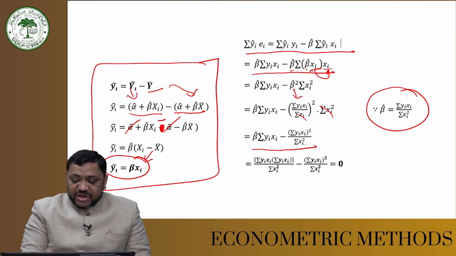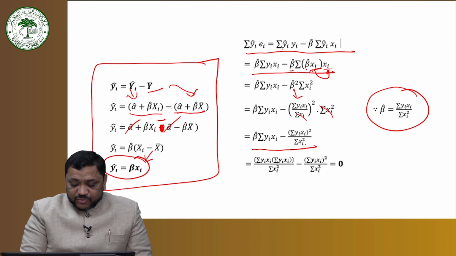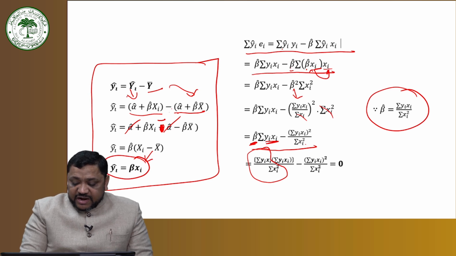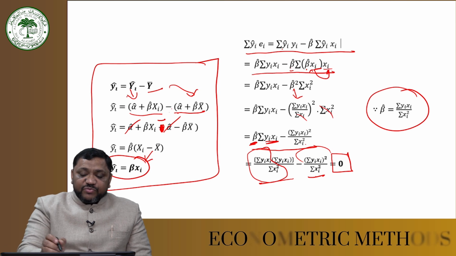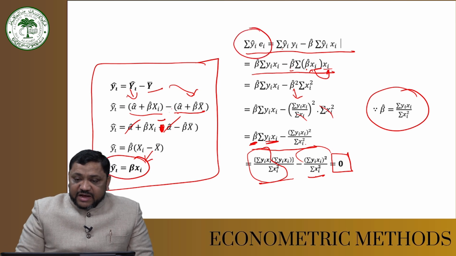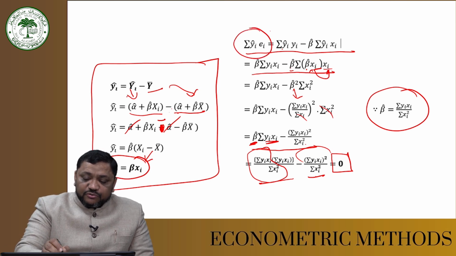This can be finally written as, we open this beta hat also, summation yi xi divided by summation xi square, this is nothing but your beta hat, multiplied by this term summation yi xi, and here also it is summation yi xi squared divided by summation xi square. This term and this term are the same, so summation y hat ei is equal to 0.